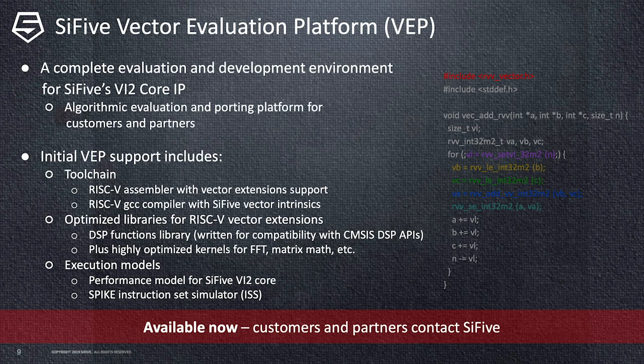So it's actually comprised of a number of key tools and elements. One area is the tool chain itself, and that's a vectorized assembler. But it also includes a GCC compiler and intrinsics that SiFive has developed for vector support.